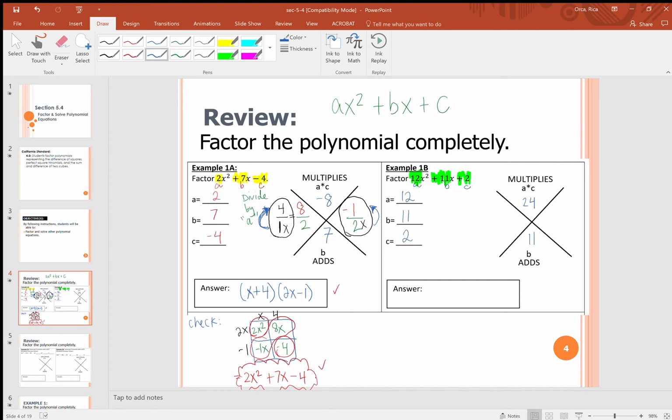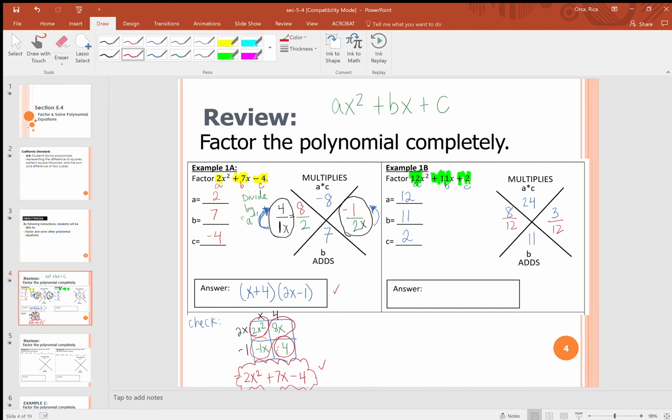So the two numbers are 8 and 3. 8 times 3 is 24, and 8 plus 3 is 11. Now take those two numbers and don't forget to divide by a. Our a value is 12.